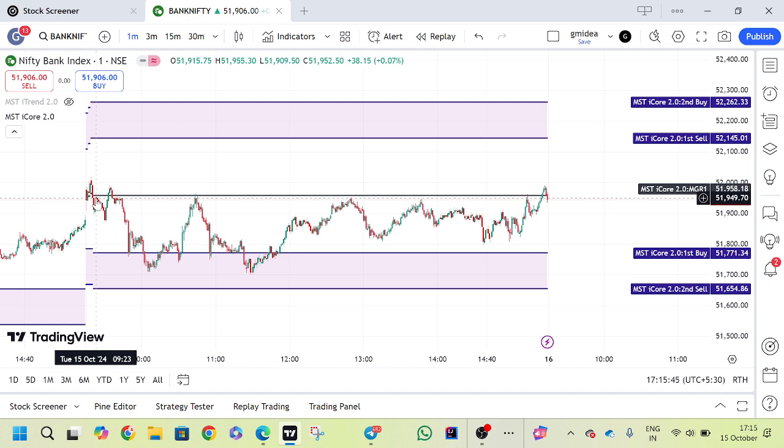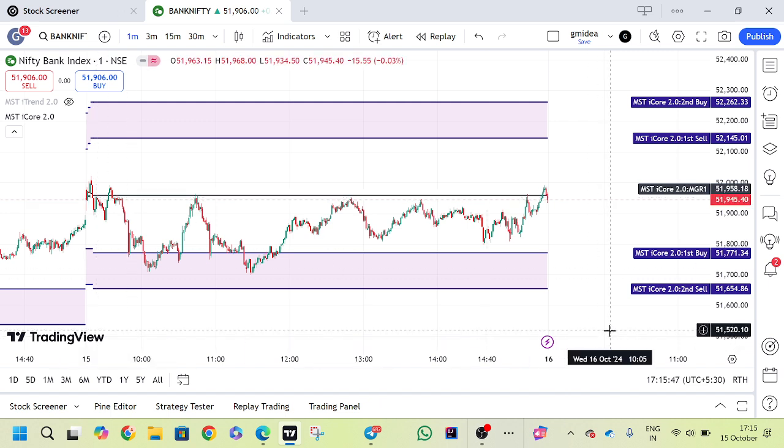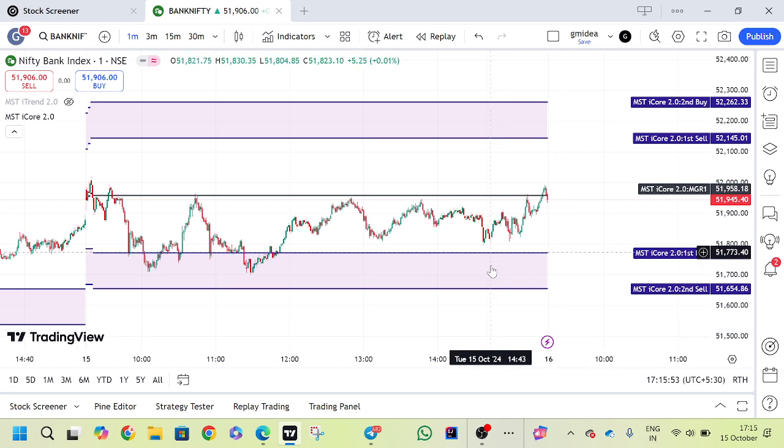So at 9:15 we will know that we have to take the 51,600 call option buy or the 51,700 call option. That is the first bottom line or second bottom line. If the market comes to touch the sell zone, the top zone, then we will take the 52,200 put option or the 52,300 put option. Now what happened?